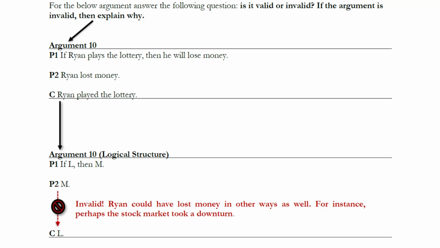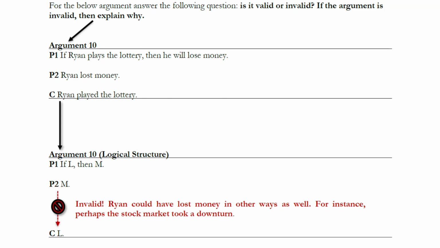Ryan could have lost the money in many other ways even if he never bought a lottery ticket in his life. For example, perhaps the stock market took a downturn and Ryan lost money that way. Maybe Ryan was robbed on the sidewalk. There are many other possibilities as well. So, even if P1 and P2 are true, we cannot conclude that the conclusion is true as well.